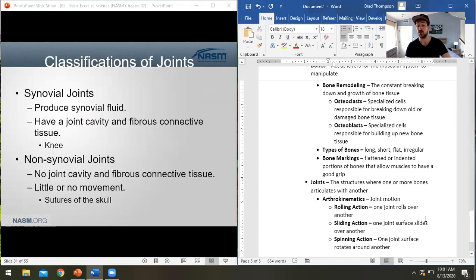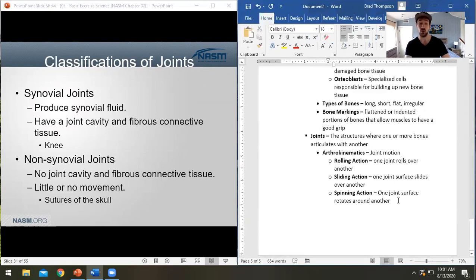Then we're going to classify our joints into two major categories. The first is non-synovial joints. I'm going to put those first because we don't have much to talk about.